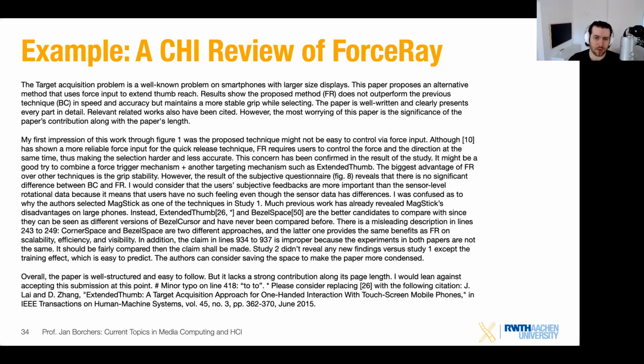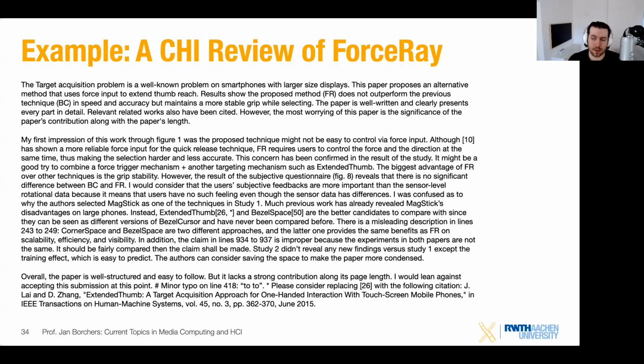However, the most worrying part of this paper is the significance of the paper's contribution along with the paper's length. My first impression of this work through figure 1 was the proposed technique might not be easy to control via force input.